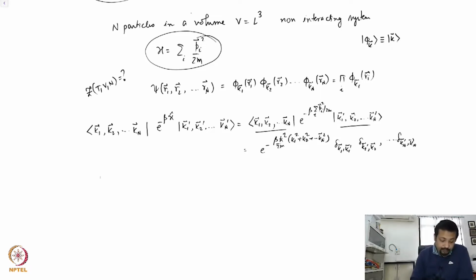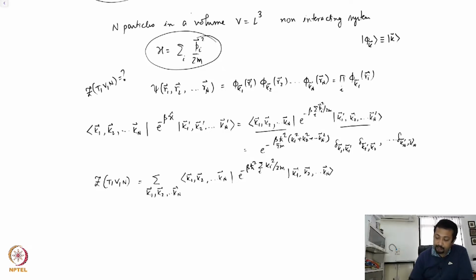Now the partition function follows from the normalization of the density matrix, and this is Z of T, V, N, the sum over k1, k2, ..., kn of the bra k1, ..., kn, e to the power minus beta sum over i of h bar squared ki squared over twice m, and the ket k1, ..., kn.